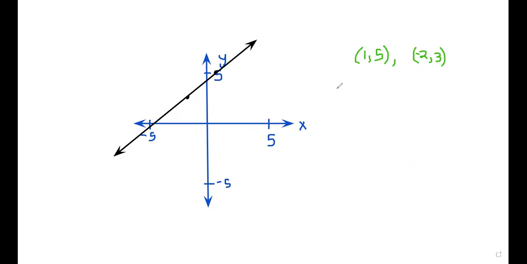Now, the formula for slope is M. Isn't that weird? You think it'd be S or something like that, but it's the letter M. And I'm going to draw a little bit of Greek. It looks like a triangle, but actually in the Greek alphabet, that is the letter delta.